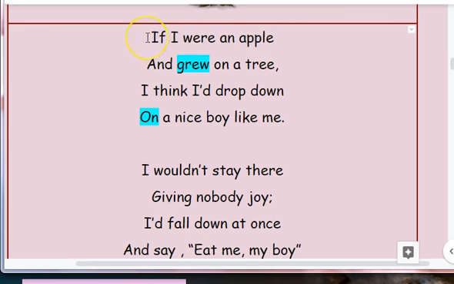Okay, so aside from being an apple, how about you? How do you imagine yourself sometimes? If I were a bird. A bird, okay. So you would like to imagine yourself a bird.